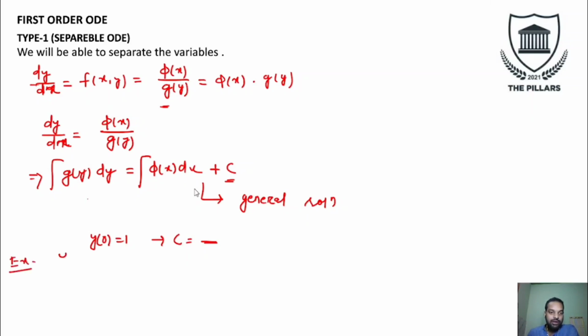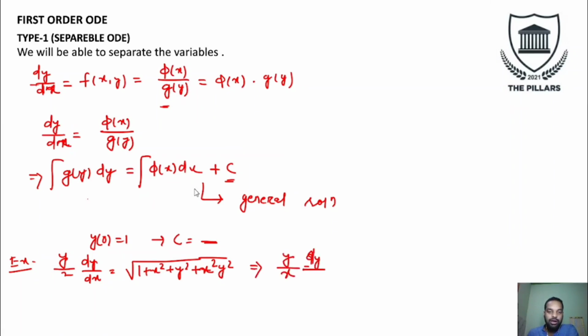The question is (y/x) dy/dx is equal to under root of 1 plus x square plus y square plus x square y square. So what can we do here? This can be written as (y/x) dy/dx is equal to under root of (1 plus x square) plus y square (1 plus x square).